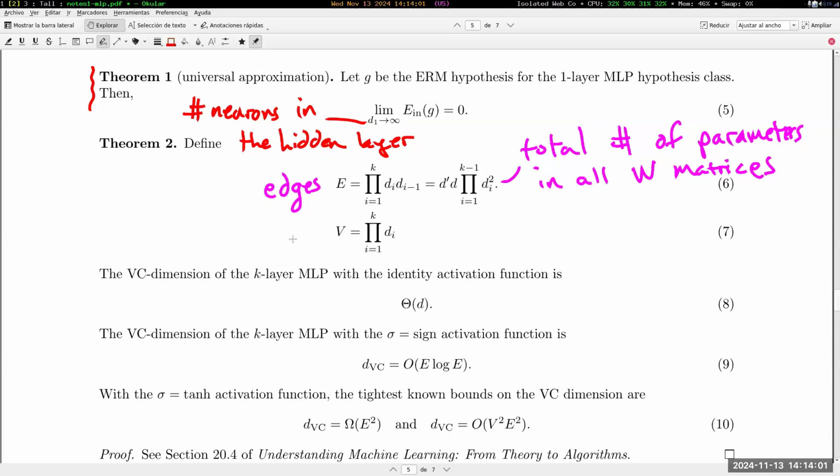This V value here, the V stands for vertices. And it's the total number of neurons in each layer multiplied together.